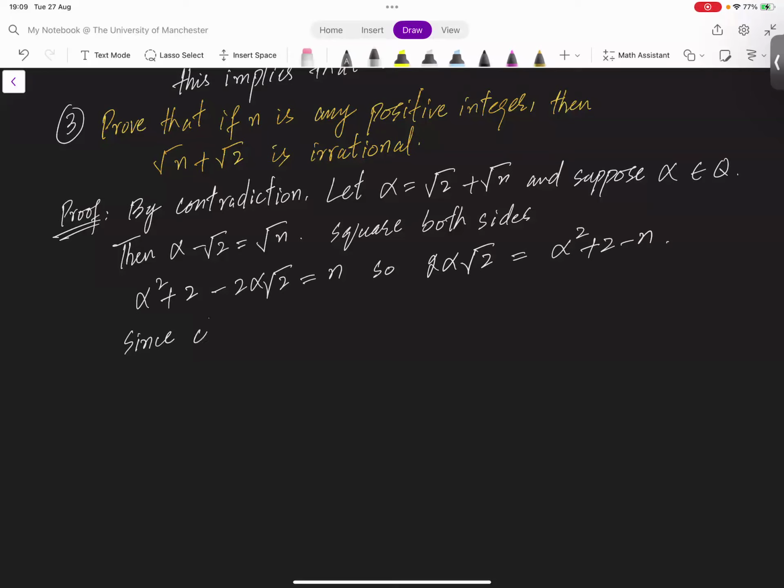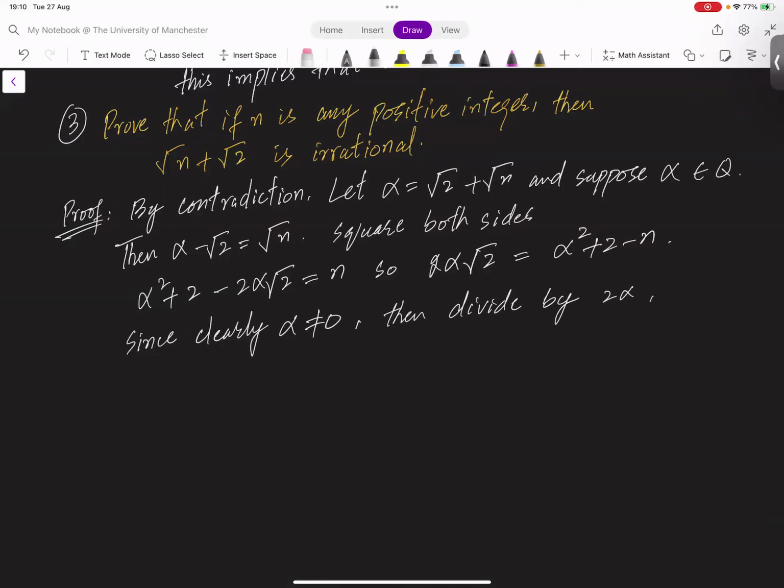Since clearly alpha is non-zero, we can divide through by 2 alpha. Then we will get 2 alpha under root 2 divided by 2 alpha, and alpha square plus 2 minus n divided by 2 alpha.